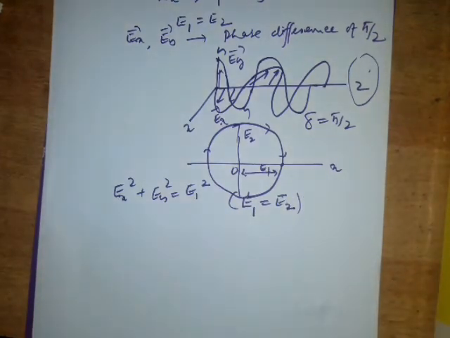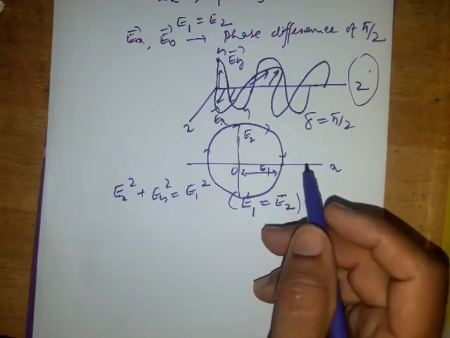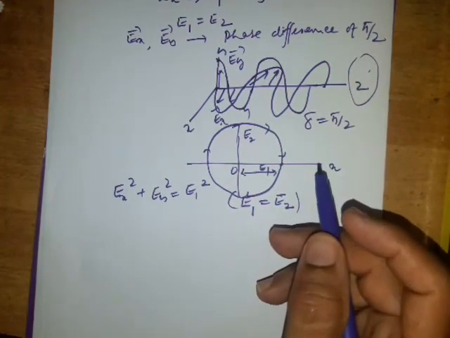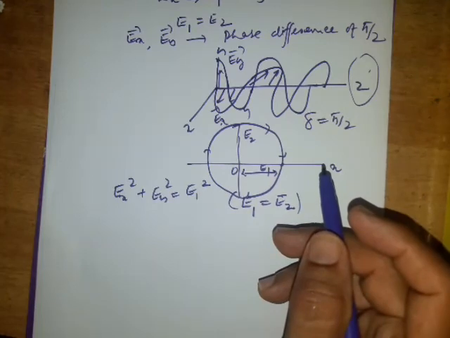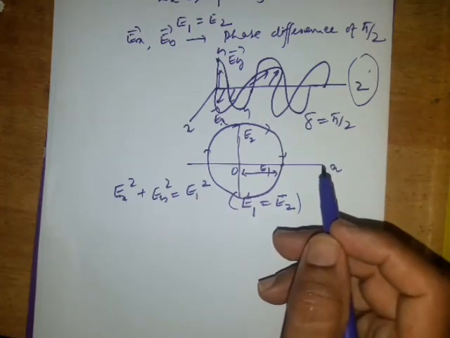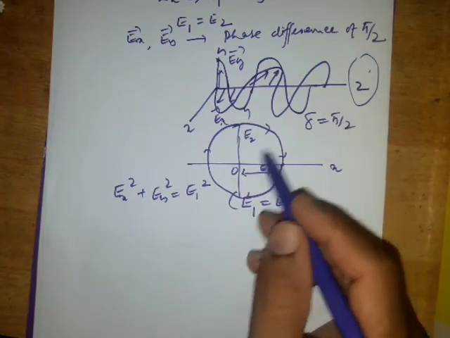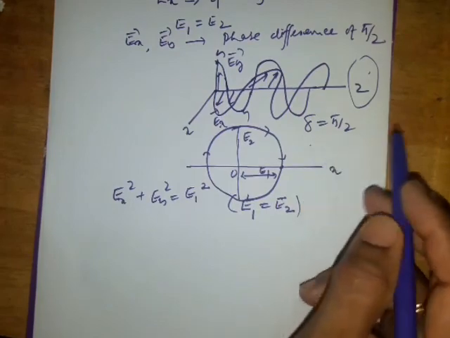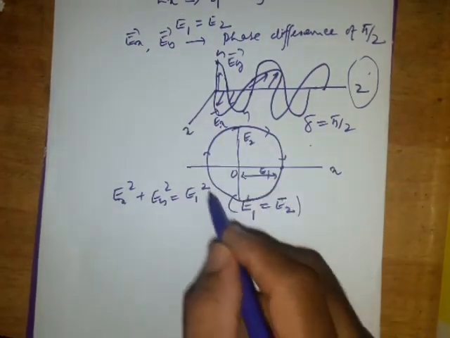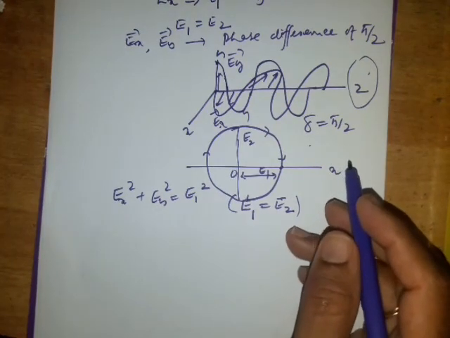So this is about circularly polarized light, and the condition, as I once again repeat, is that the amplitudes of both the components Ex and Ey are equal, and the phase difference between the two components is pi by 2, then we'll get circularly polarized light. So with this I conclude here. Thank you.